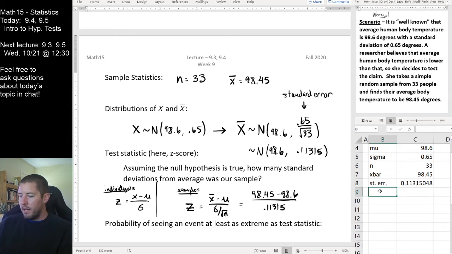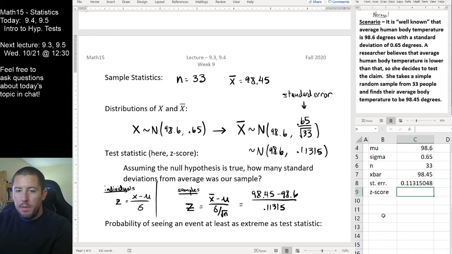I can compute my z-score now. I have all the information associated with my z-score. Notice again, all the parts I need are listed in Excel right here. I've got my 98.45, that's cell C7, minus cell C4, that's my mu, all divided by cell C8. That's my standard error term right there. So I can use my list of information here to compute the next values of interest.